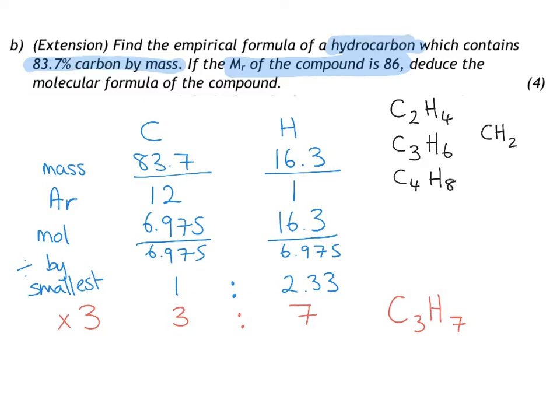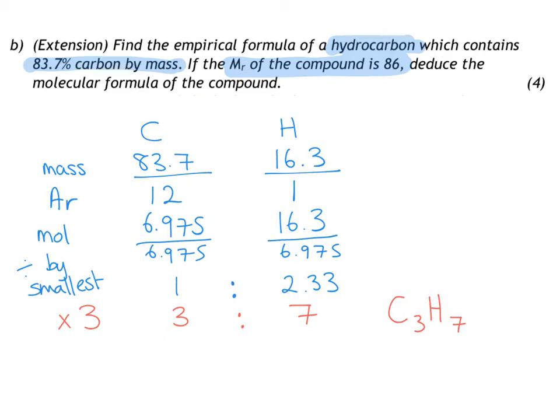Hydrogen is always double. So they all have an empirical formula of CH2, but they all have different molecular masses because they have different actual molecular formulae. So I would have to know the mass of those, or the relative formula mass, to work out which one it was.